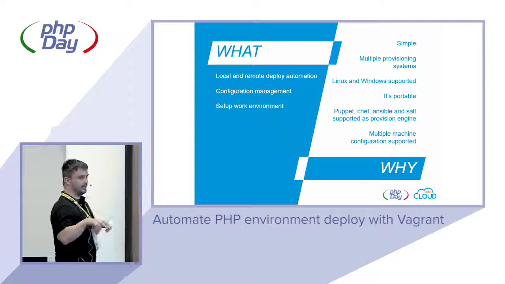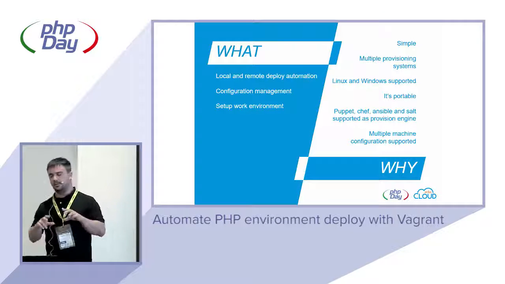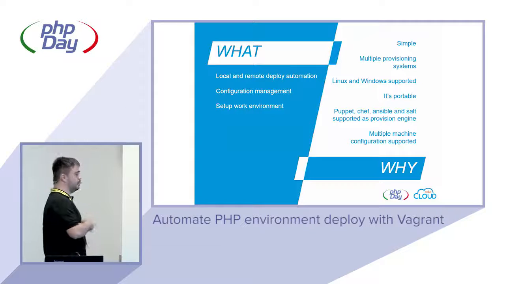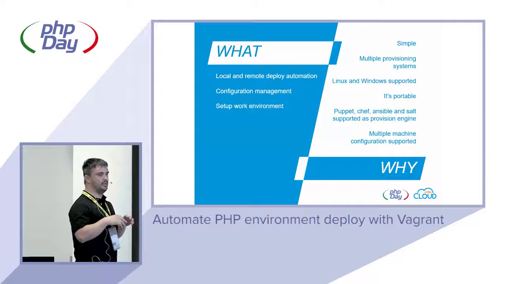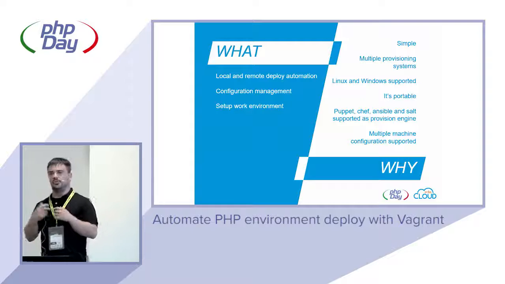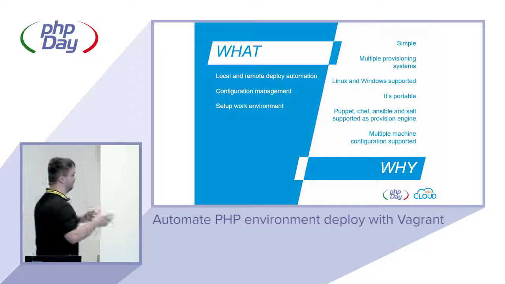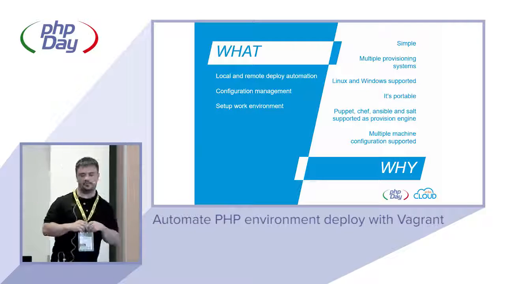Vagrant will first create the virtual machine, then configure everything inside it. So you no longer have to configure Apache manually and so on. Vagrant will do it for you.